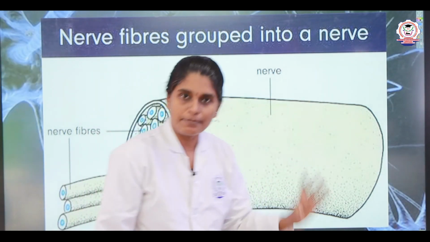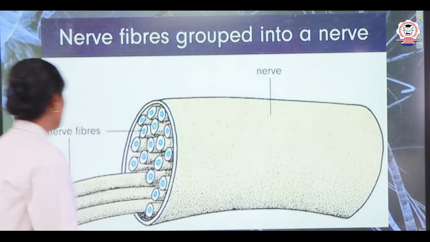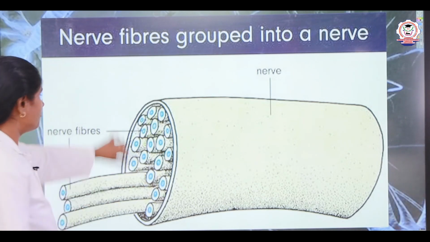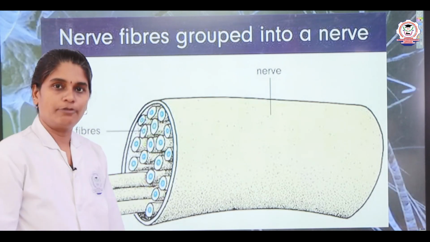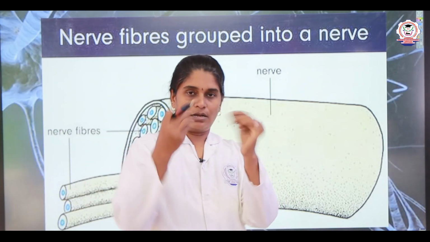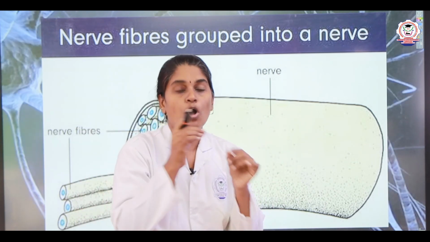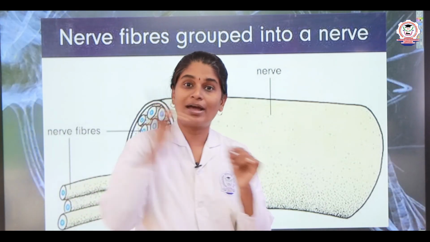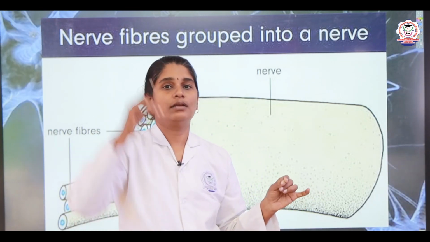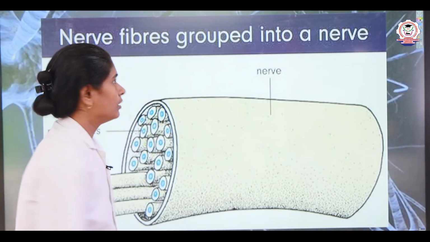Many nerve fibers interlock and form the nerve. If you take one nerve, many nerve fibers are present inside it. For example, if you take an electric wire and see inside it, many copper wires are there. Likewise, in our body the nerves are made up of many nerve fibers, right?